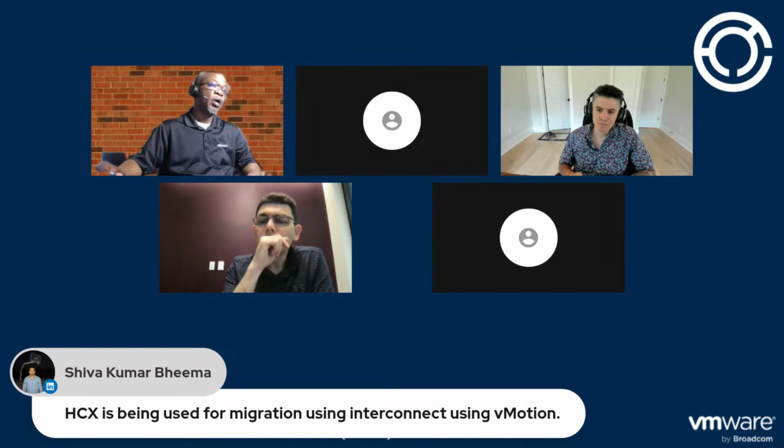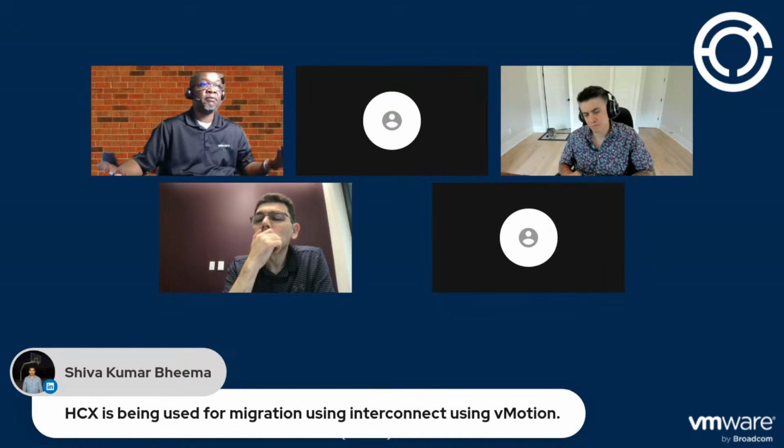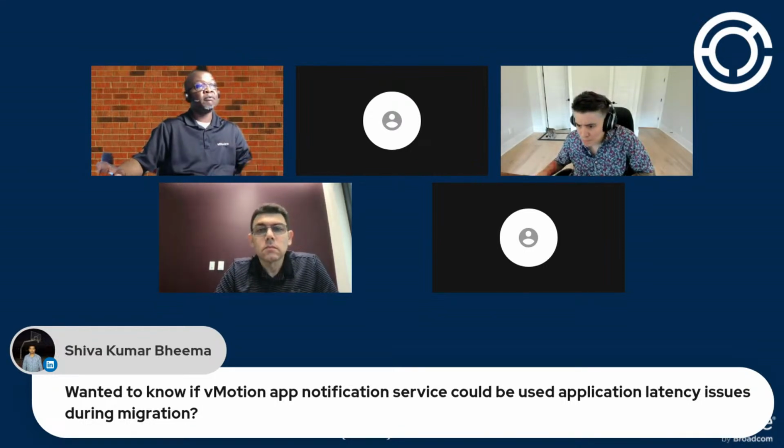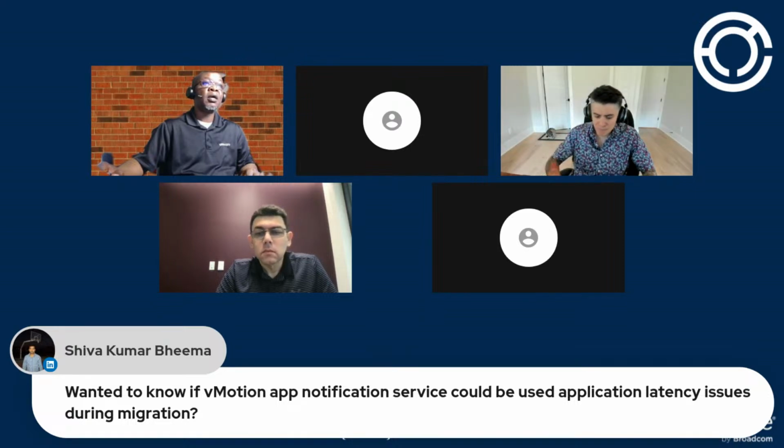If this were just one VM or two VMs, you wouldn't be using HCX in the first place. But if you're using HCX, we think you have a lot of VMs. Now, if you've registered each VM for notification, each of them will cause a vMotion to wait a considerable amount of time.